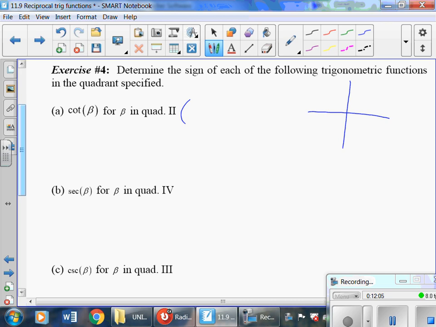Quadrant 2 is negative, positive. And I know the cotangent is going to be the cosine of beta over the sine of beta, which is going to be a negative over a positive, which yields a negative.